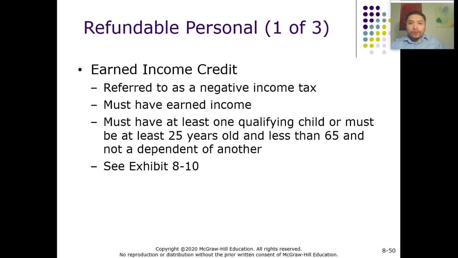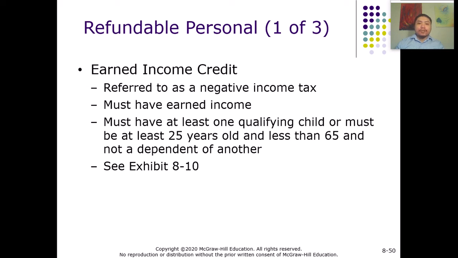So the condition for a taxpayer to be eligible for this tax program is that the person has to earn some sort of income, meaning they have to work in some way, right? And they have to be at least 25 years old and in the range of 25 to 65 years old, or they have to have at least one qualifying child, right?